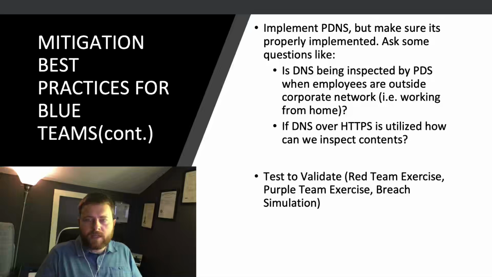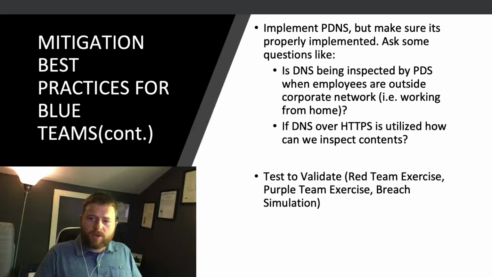For organizations that implement PDNS, it's important to remember that this is not a silver bullet, and if improperly implemented, it may even not work at all. So for example, if you have a lot of remote employees, which a lot of companies do these days, their DNS requests may not even be going over the corporate network and may be using the user's home DNS server.